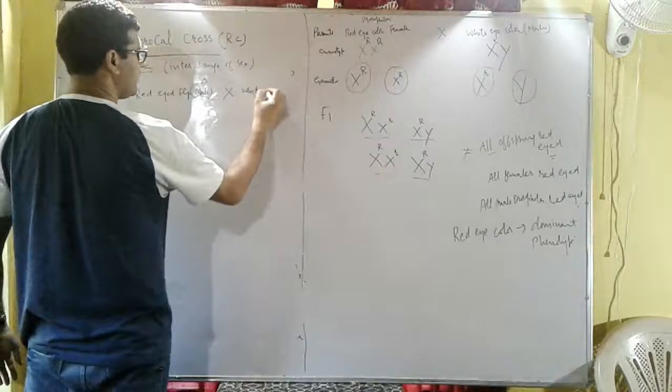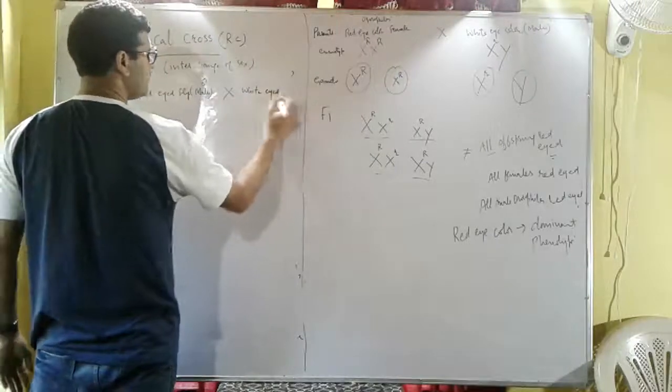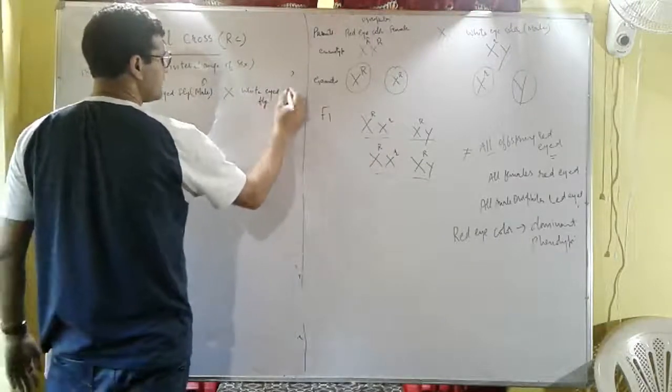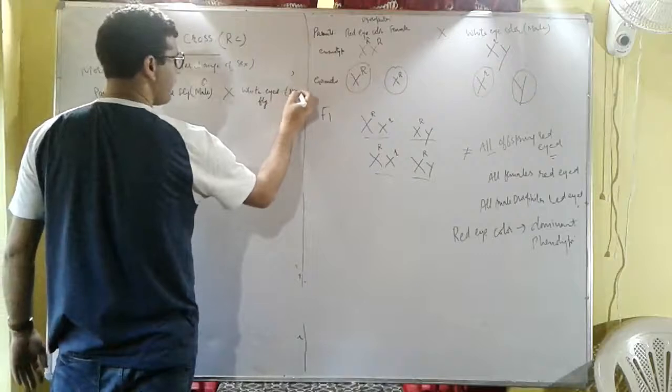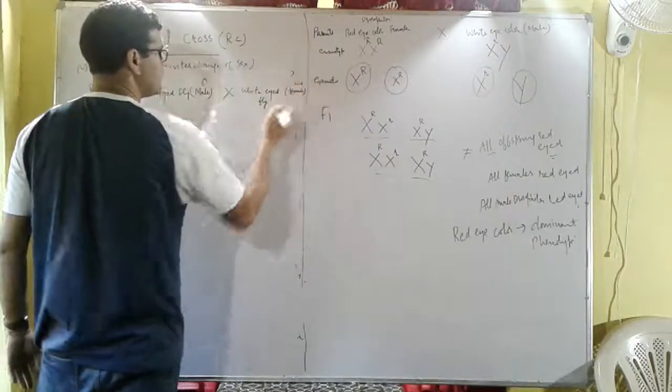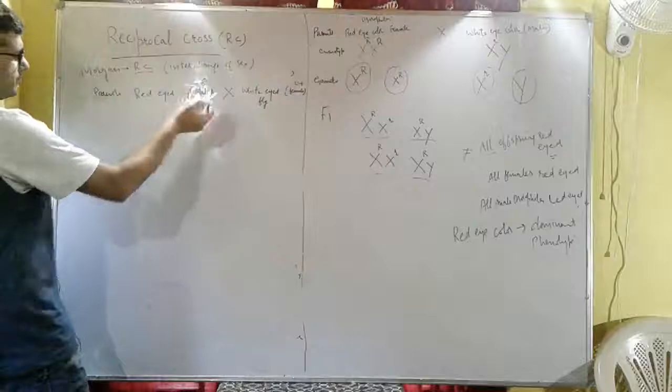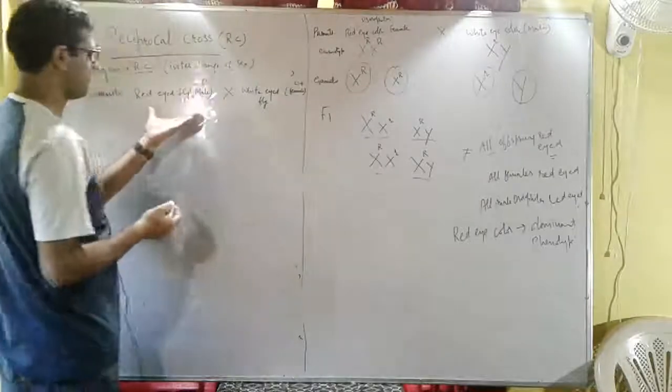This is the white-eyed female fly. The symbol for this is this one. Then what would be the genotype?